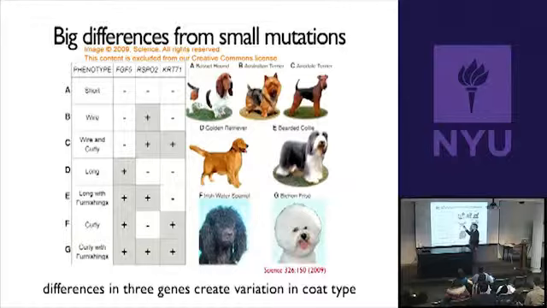A Bearded Collie, which has long, straight hair but also these furnishings, has a mutation in these 2 genes. Irish Water Spaniel, these 2 genes. And the Bichon Frise is a mutant for all 3 genes. It has long, curly hair plus these furnishings.